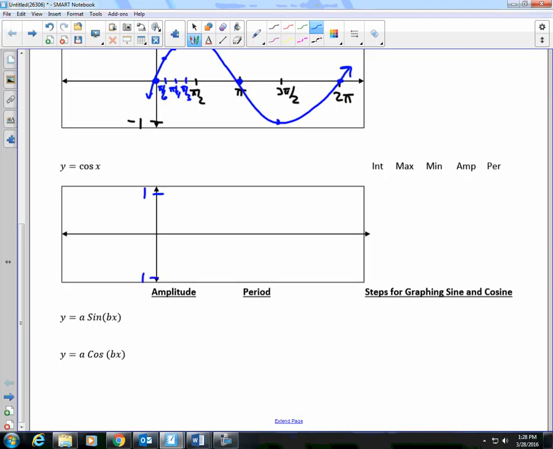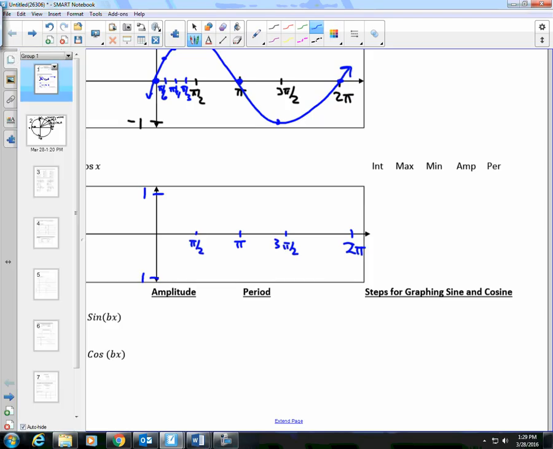What is once around the circle? 2 pi. How many quadrants in once around the circle? So I divide it up into 4 parts. Let's look at our first value for cosine.